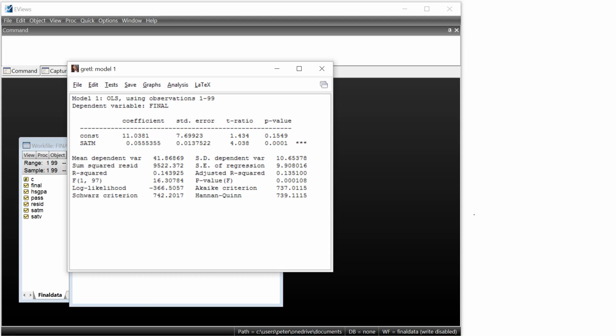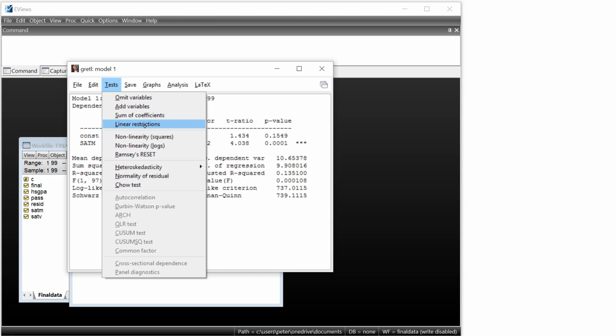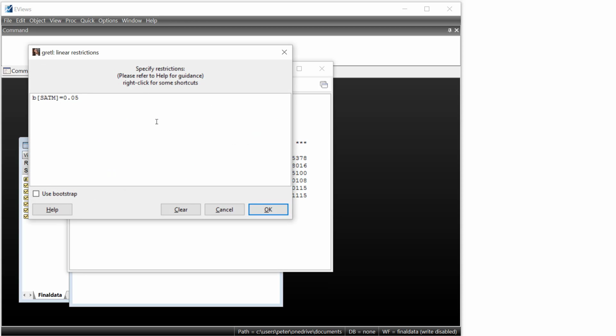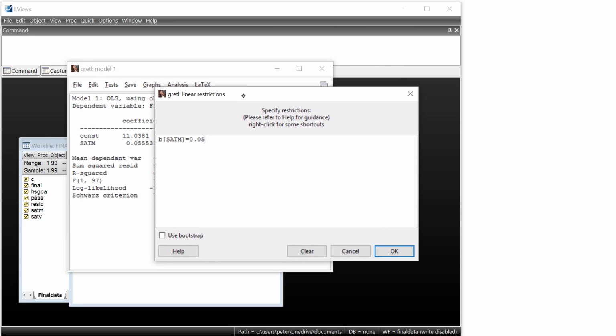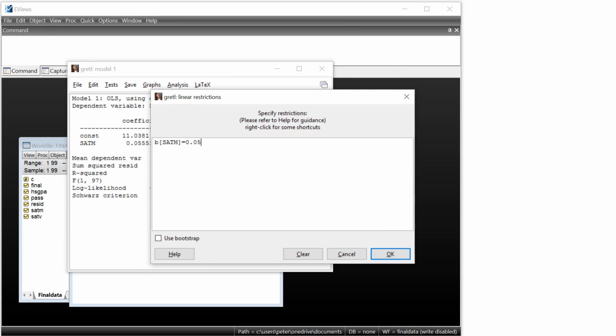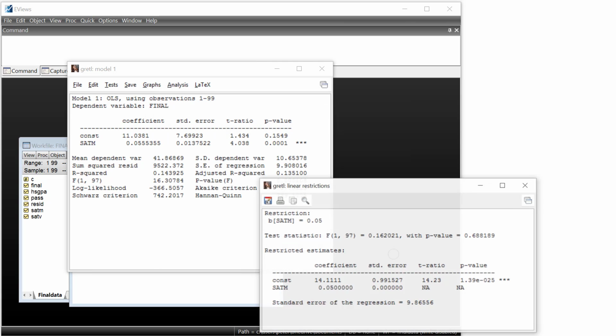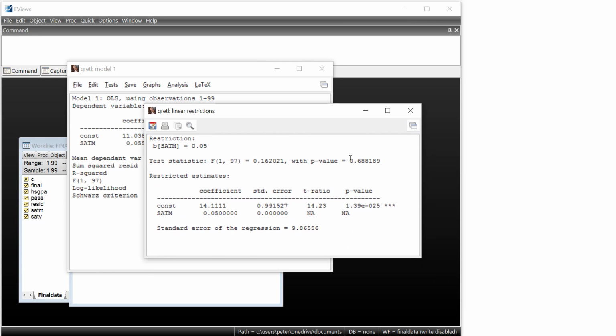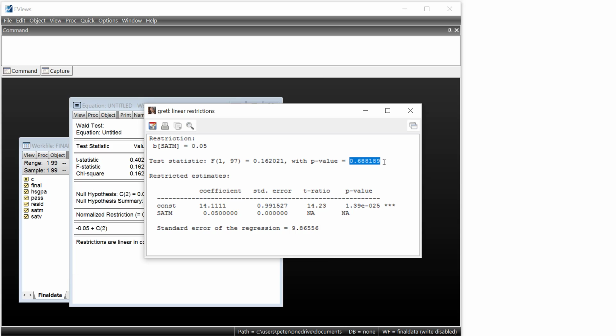If you want to perform the same test in Gretl, you can go to Test, Linear Restrictions, and type this, b, square parentheses, and then the name of the variable, which was SATM, equal to 0.05, and you get the p-value right there.